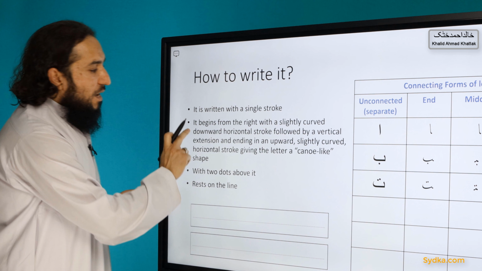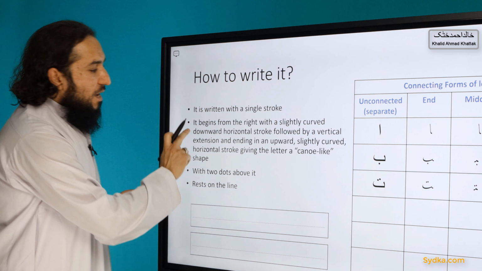When it is written separately, it looks like this. If it's in the beginning, you can connect other letters after it. If it is in the middle, you can connect other letters before it and after it. If it comes at the end of a word, then it can connect other letters before it. So it is a connecting letter.